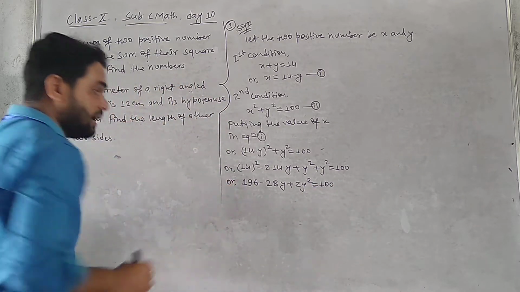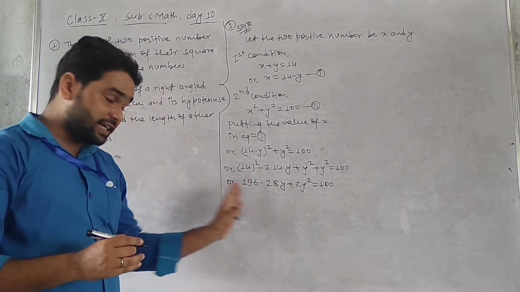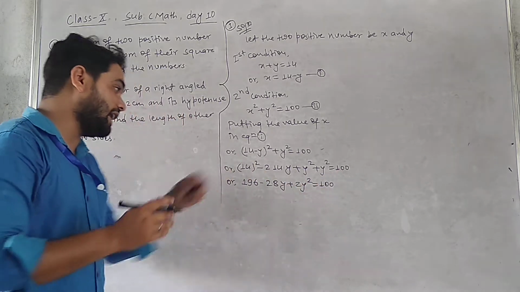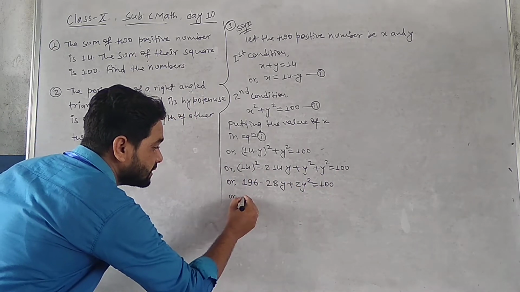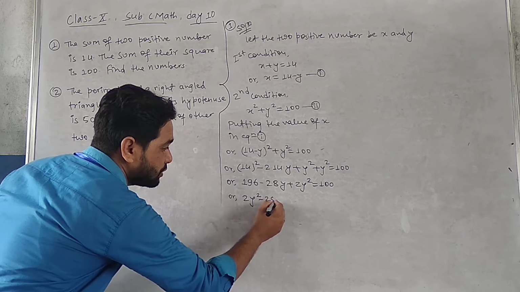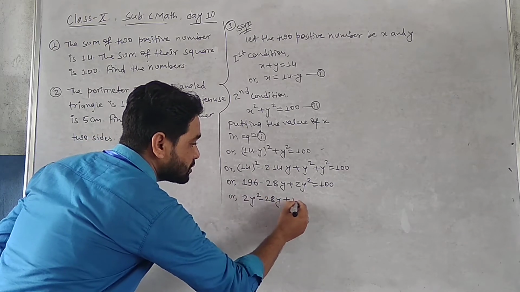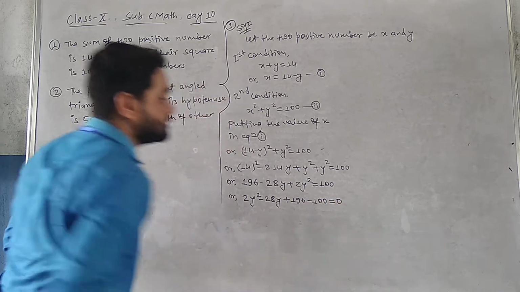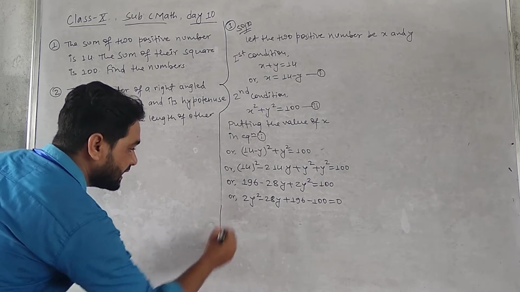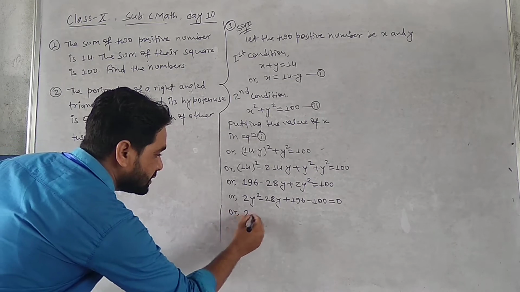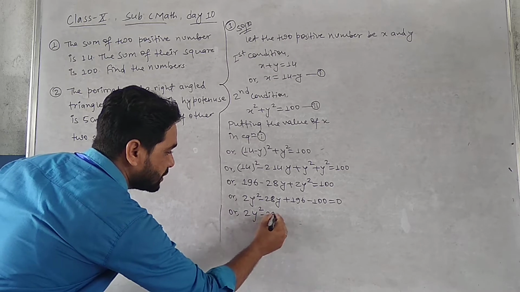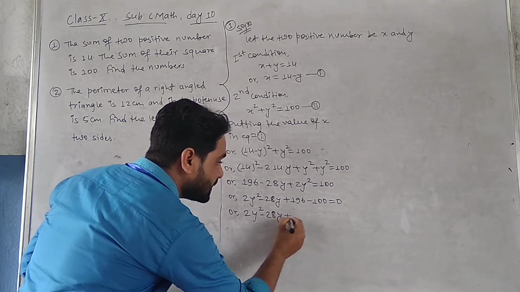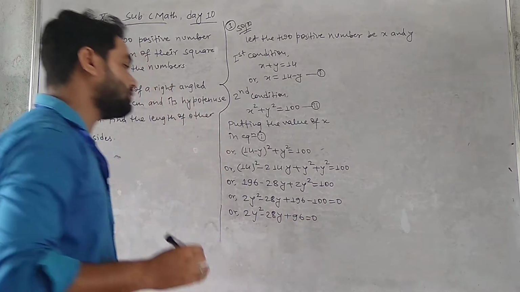Now arrange them in the quadratic form, that means y square, then y, then constant, and bring this 100 to this side. So we can write 2y square minus 28y plus 196 minus 100 equals 0, that is 2y square minus 28y plus 96 equals 0.